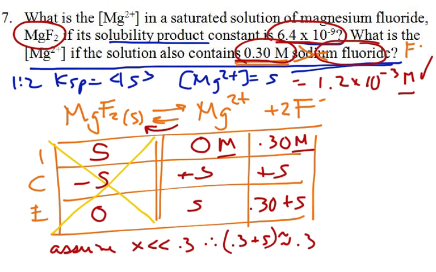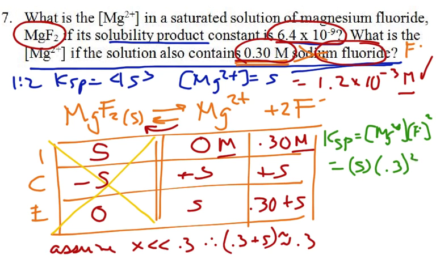So if we could fit in here, and this is going to be tight, our KSP expression, it's the concentration of magnesium times the concentration of fluoride squared, and I'm going to say S for magnesium. I'm going to say 0.3 squared for my fluoride.